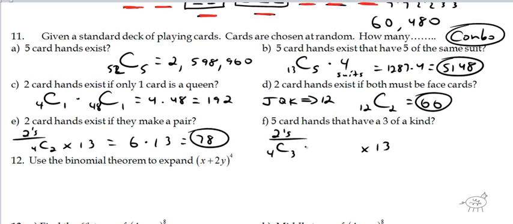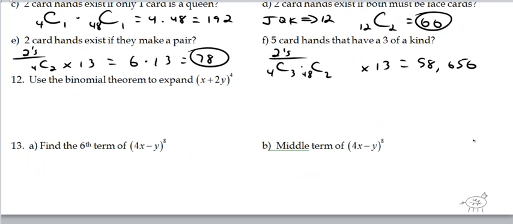It's a 5-card hand, so the other cards, it's going to be 48 other cards, and I'm picking 2 of those. Because again, the left number is got to add to 52 in this case because I'm picking from all the cards. And the right number, I'm picking 5 cards, so it adds to 5. And it does. 3 plus 2 is 5. And then multiply that by 13, that total number. So we get 58,656.